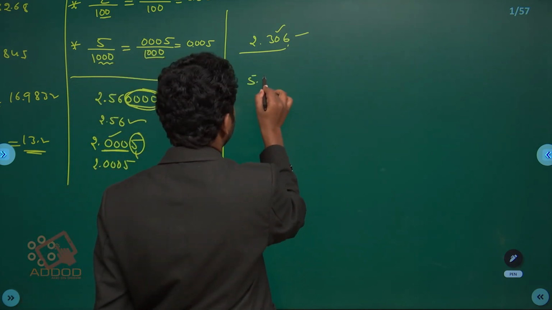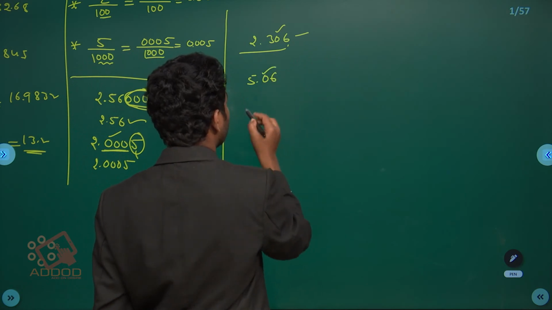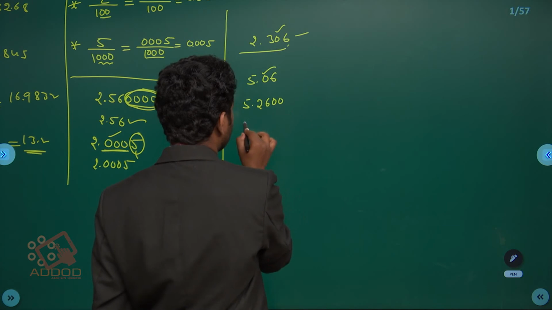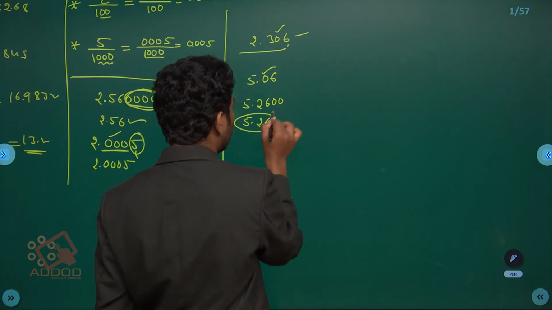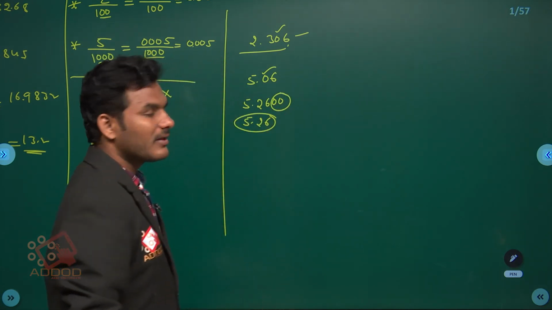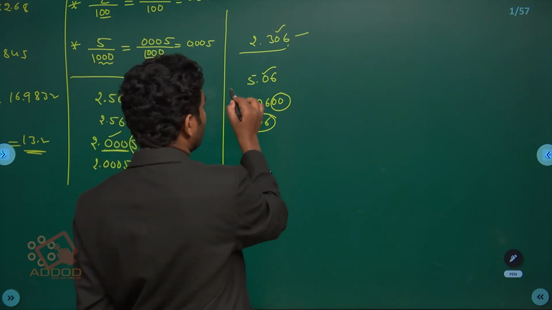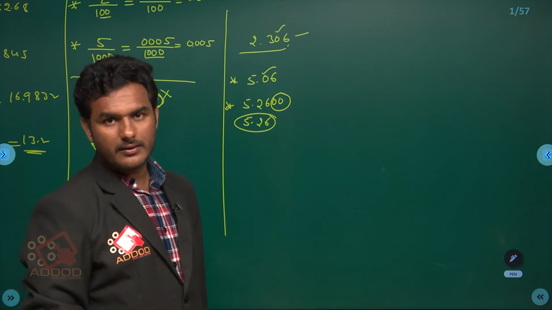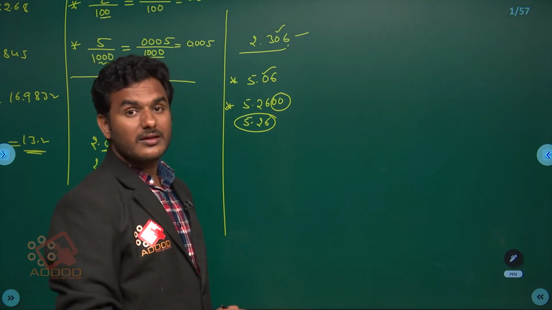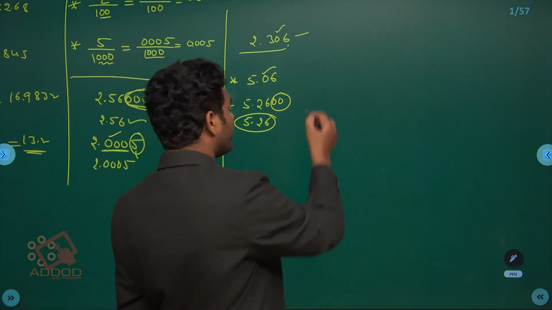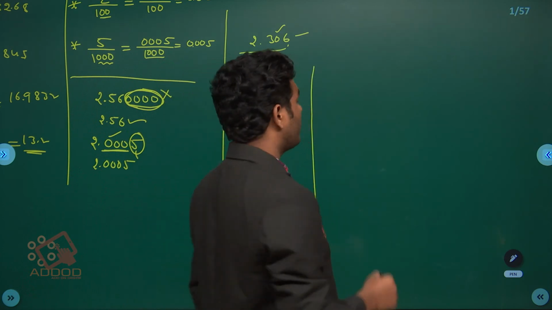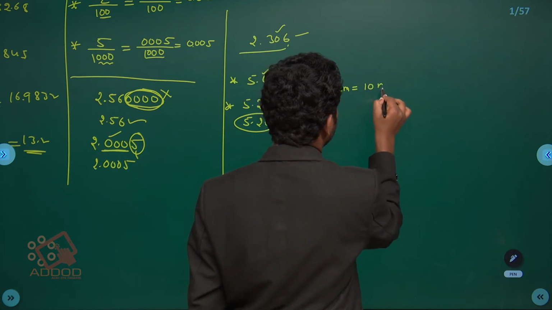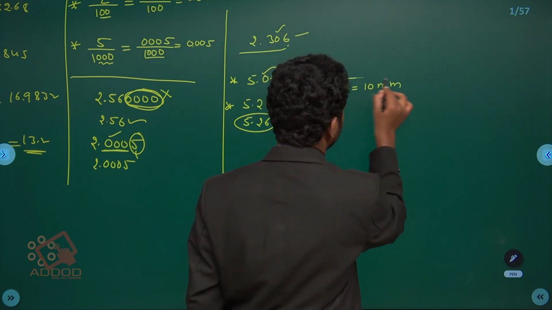So 5.06, this 0 has value. But 5.2600, for example, you can directly write 5.26; you need not take these two zeros, because they do not have any value. Okay, understood, right? These are some important concepts, and we have to learn these things. And next, we should know some basics. 1 centimeter is equal to 10 millimeters.